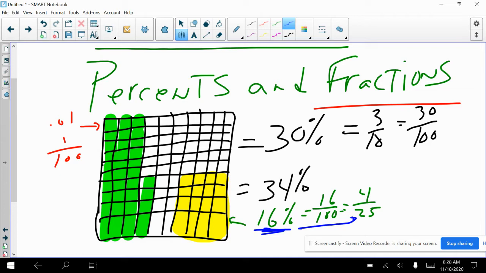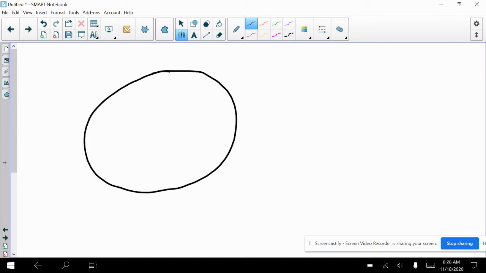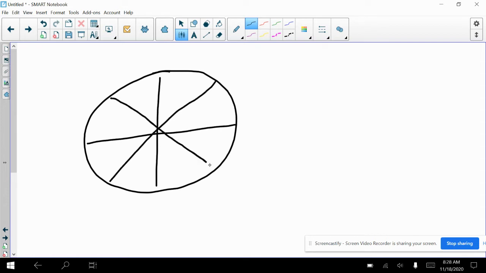Now, how about this? Does it always have to be a base 10 block? No, it doesn't. We could have a circle, and we can break these up into however many pieces and parts that we want.